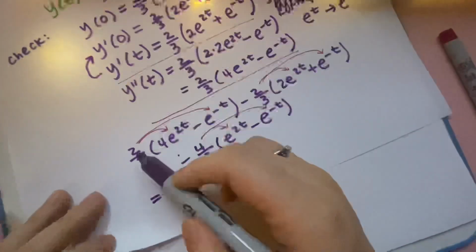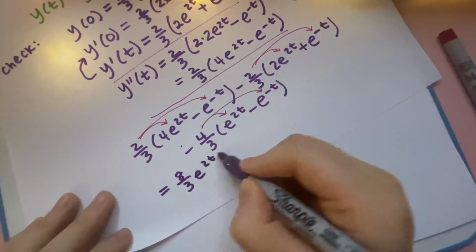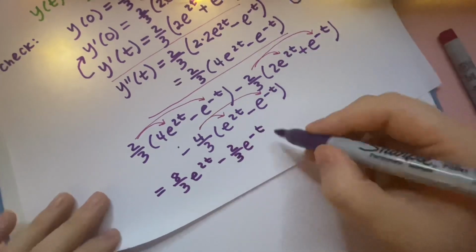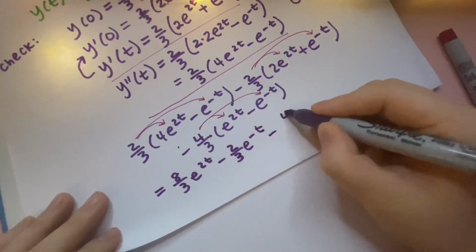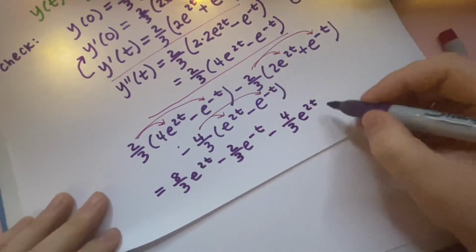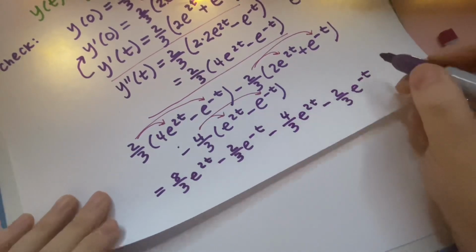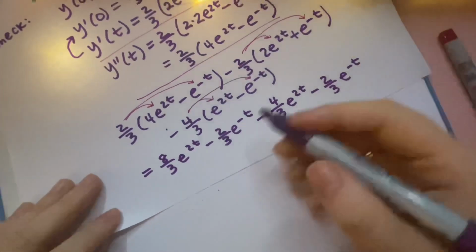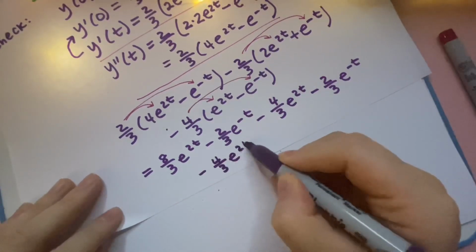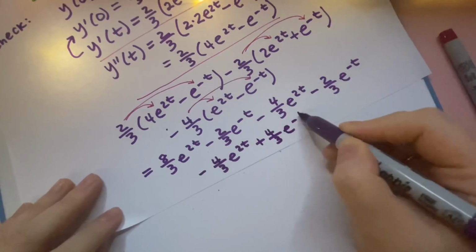We have 8/3 e to the 2t minus 2/3 e to the negative t minus 4/3 e to the 2t minus 2/3 e to the negative t. Just have to trust the process. Minus 4/3 e to the 2t plus 4/3 e to the negative t.